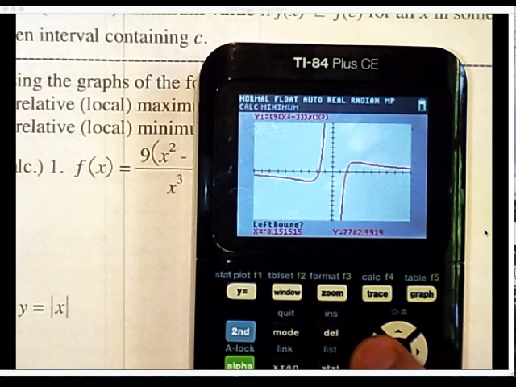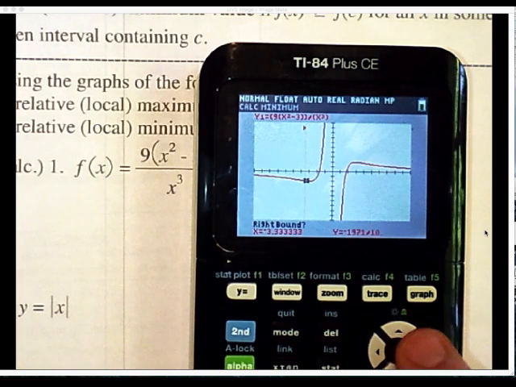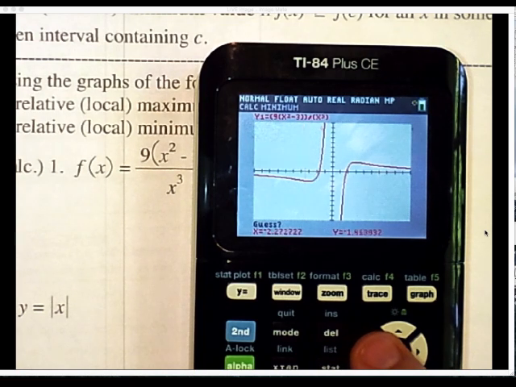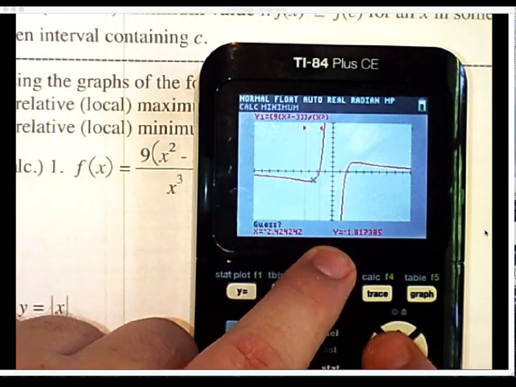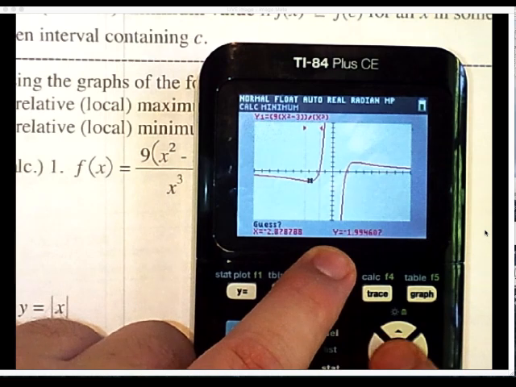Now it's saying, what's your left bound? So pick a point to the left of where you think the minimum is, and just hit enter. And then pick a point to the right of where you think the minimum is. Then it says guess. So I'm going to look at these y values and say, which one's the most negative?